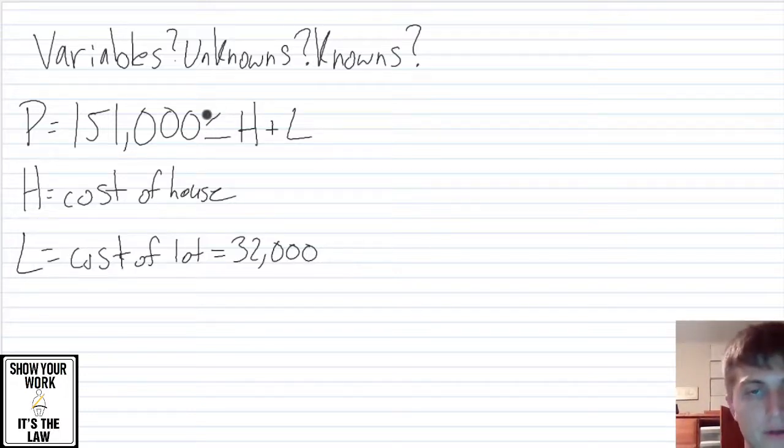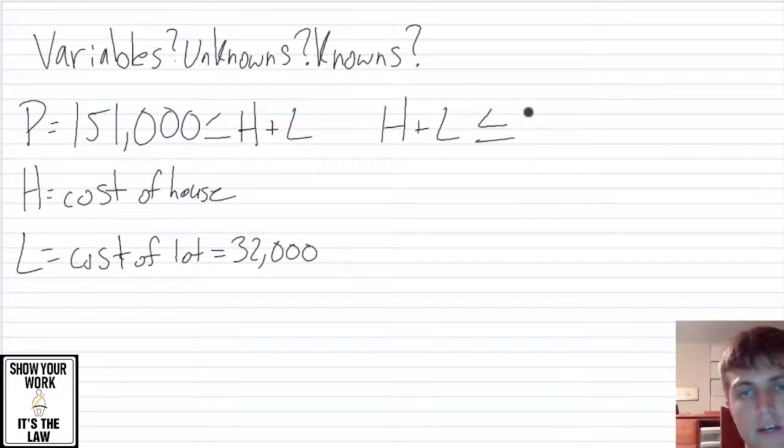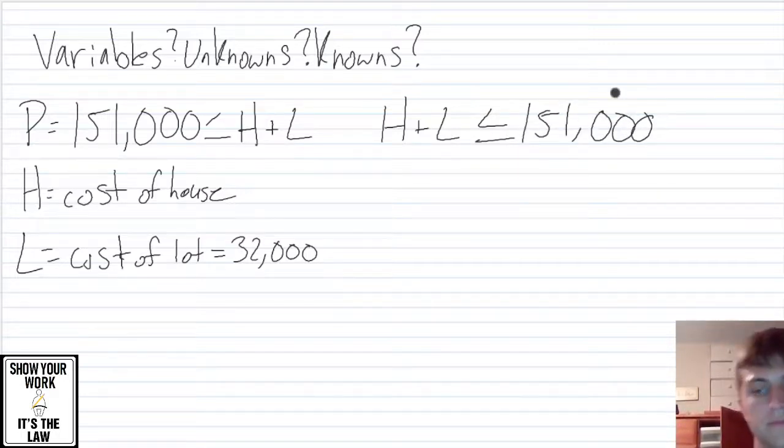Let's think about another way to phrase this. The house plus the lot must be less than or equal to $151,000. So that's an easier way to put it. Beautiful. Which means this arrow over here would point this way.